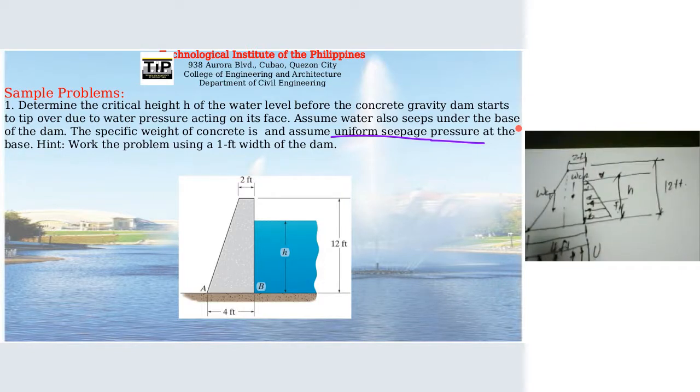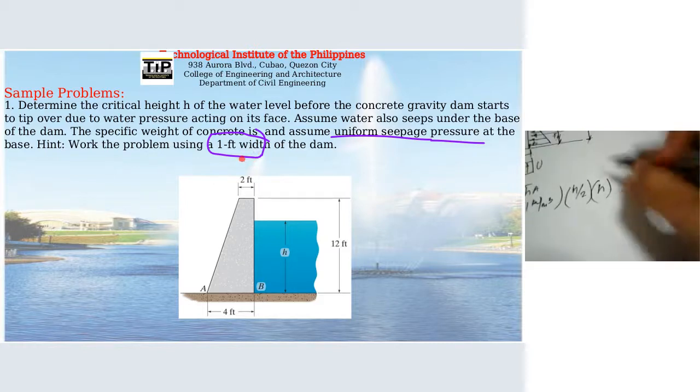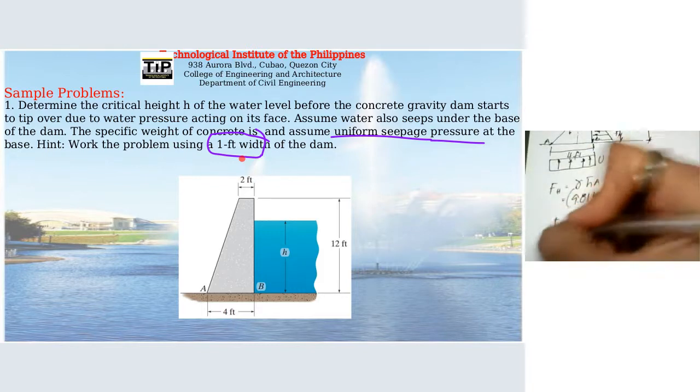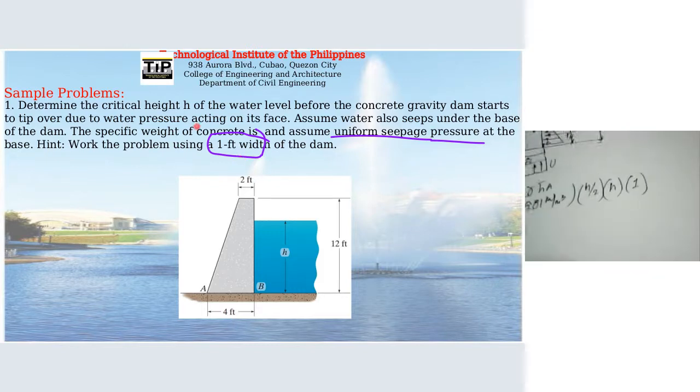And then we multiply it by 1. Okay? We assume 1 foot width. So we have this equation. We can simplify this.